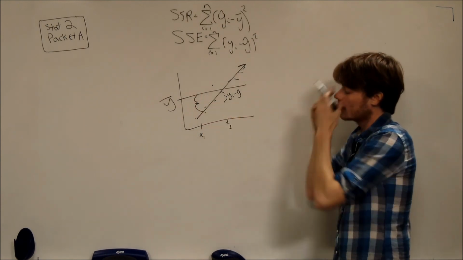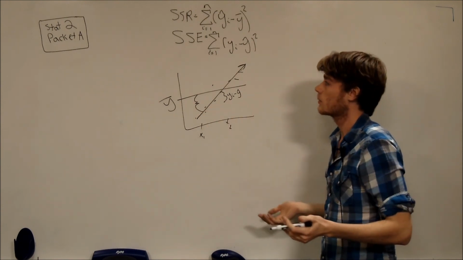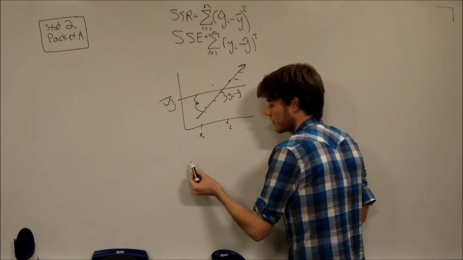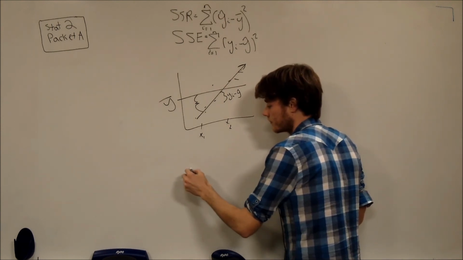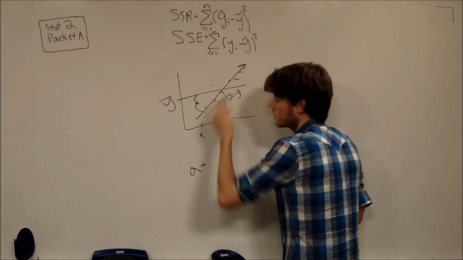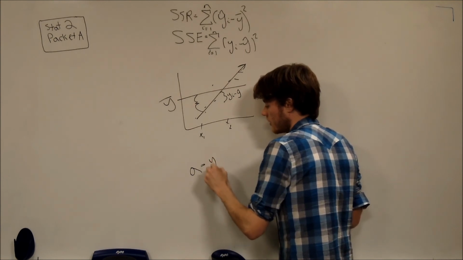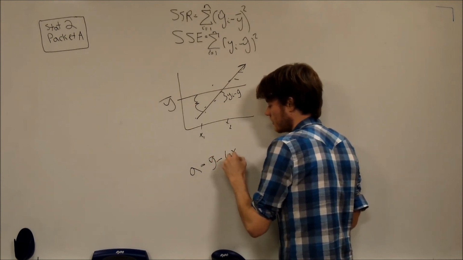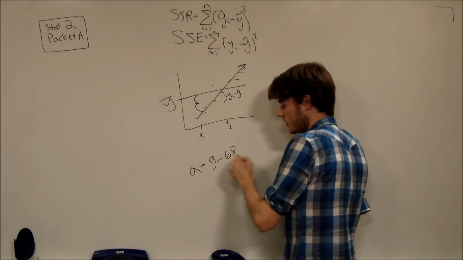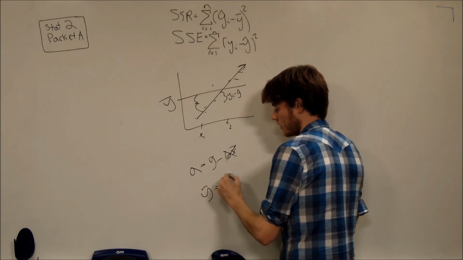Whether or not there's a chance that the true line could just be y bar. Because if you're finding your a when creating your regression equation, it's a equals y bar minus b x bar, right? And if b is 0, a just equals y bar, so your y hat equals y bar.